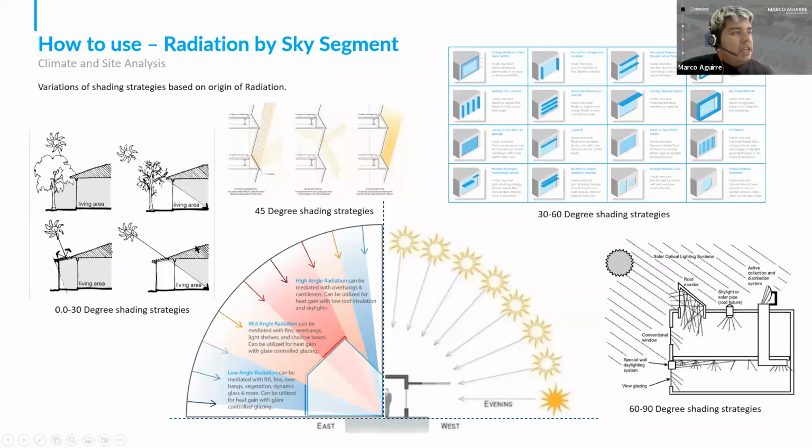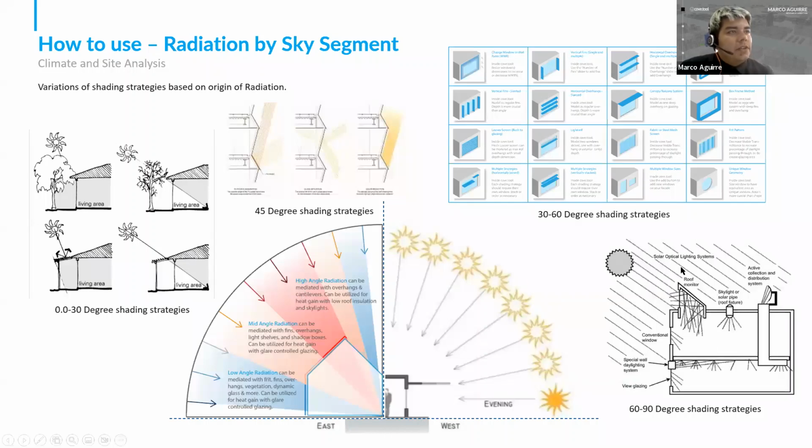If you have a lot of radiation coming from the middle angles, so that's kind of 45 degrees from the horizon, things like fins, overhangs, light shelves, shadow boxes can be beneficial. And then if you have radiation coming from a high degree angle, so it's like directly above you, if you have really bad noon to 2 p.m. sun, you want to try to avoid things like direct skylights, low roof insulation, but explore things like cantilevers, overhangs.